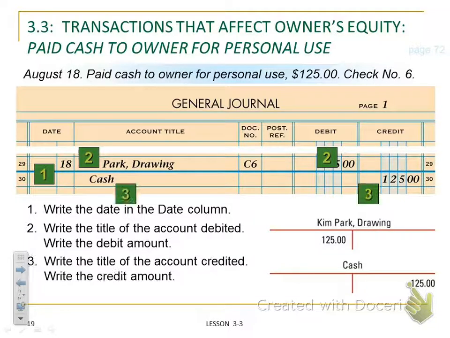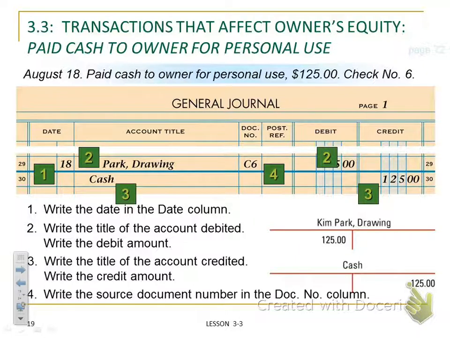Then we're going to record the credit to the cash account to show that we decreased our cash by $125 by slightly indenting our cash in the account title column and recording the $125 credit in the credit column. Lastly, we'll write the doc source number, which is C6 or check number 6, in the doc number column.